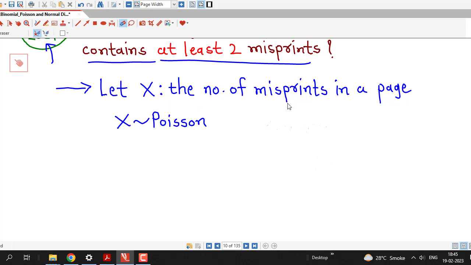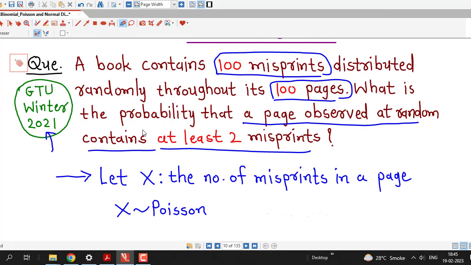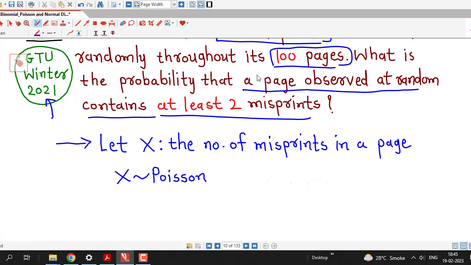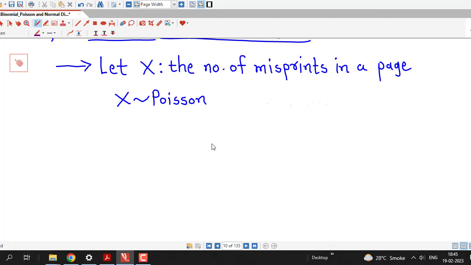If X is the number of misprints in a page, then the average number of misprints in a page will be the mean of this Poisson random variable. We can decide that from the given information. It is given that there are 100 misprints throughout 100 pages. If we have 100 pages, then there are 100 misprints.